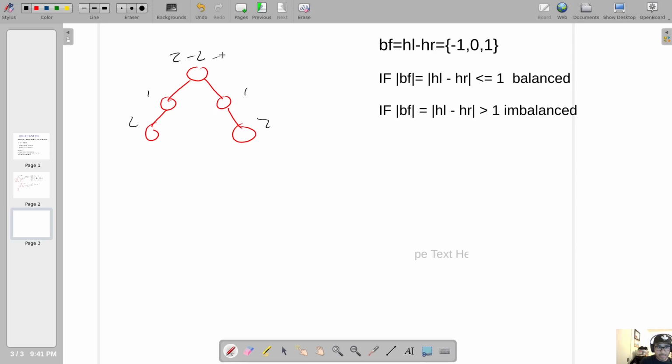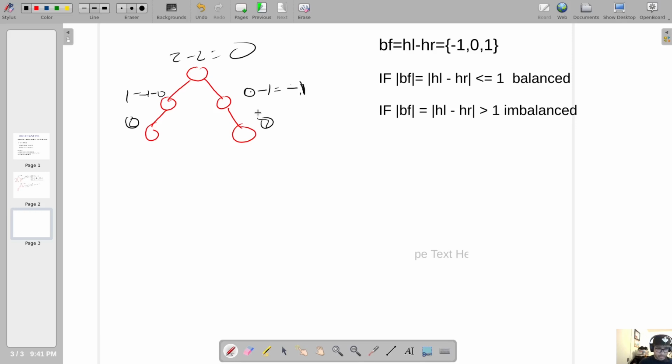So 2 take away 2, 0. And this one over here, this one node is 0, take away 1. So this one's -1. Yes. This one here, 1 take away 0. So this one's 1. These two nodes are 0. So this tree is balanced.